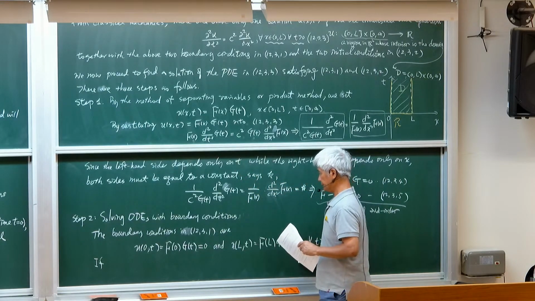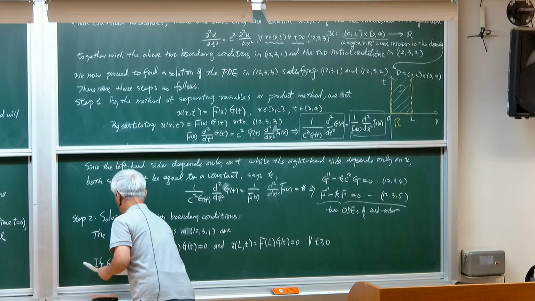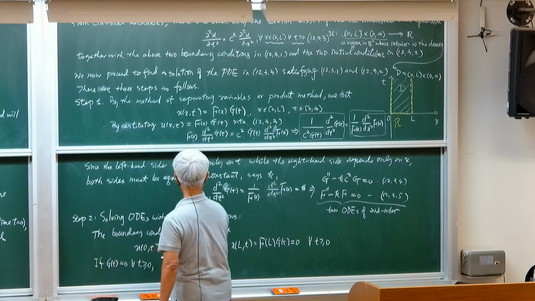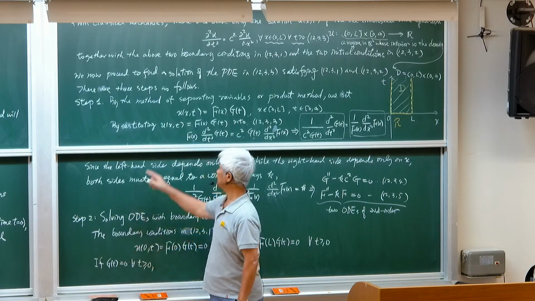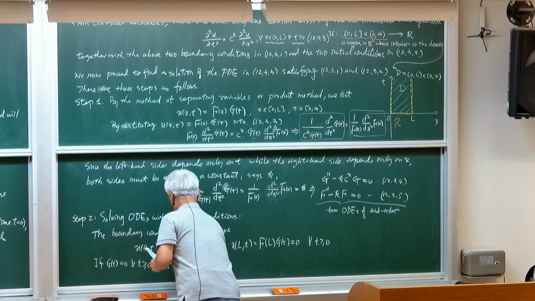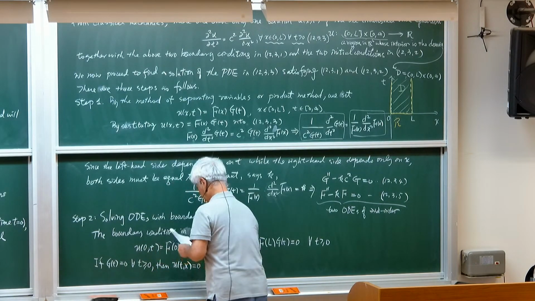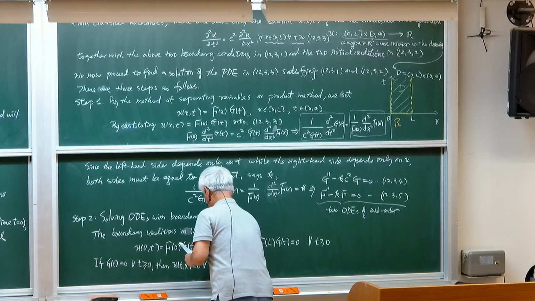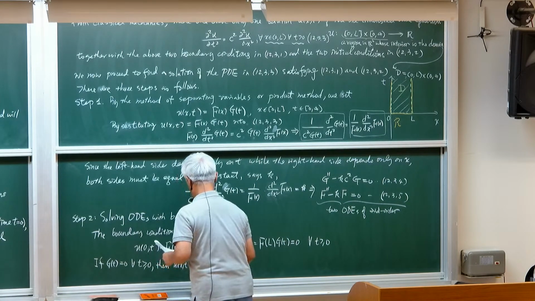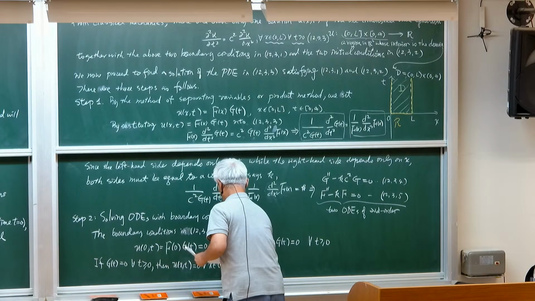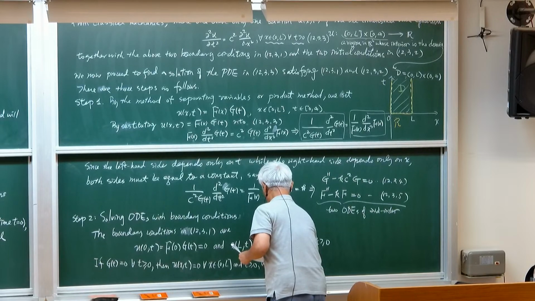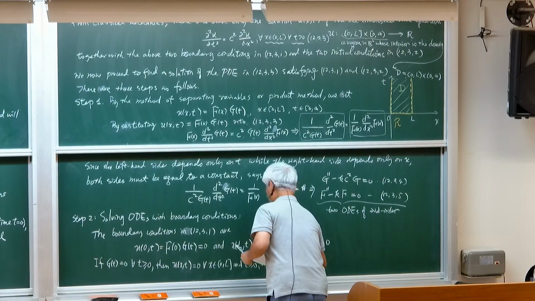If g of t is 0 for all t greater than or equal to 0, then u of x, t is 0 for all x in 0 to L and t greater than or equal to 0, which is trivial.